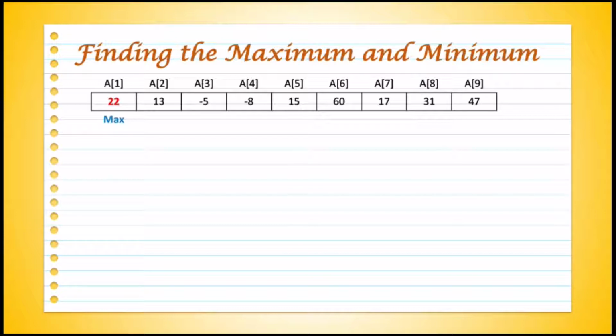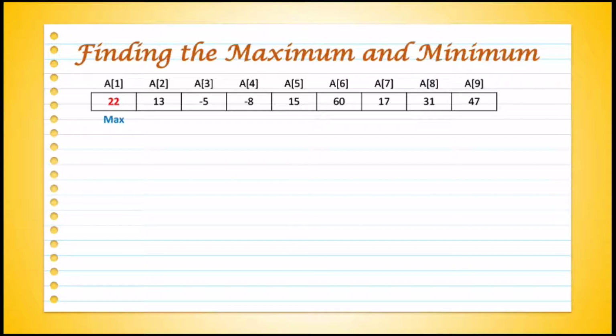Is minus 8 greater than max? No, again the condition is false. So max value remains as it is. Next go for the fifth element. Is 15 greater than max? Again the condition is false. So the max value will remain as it is.